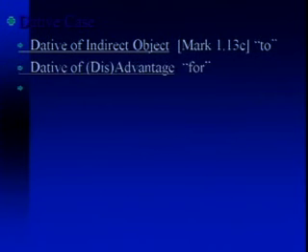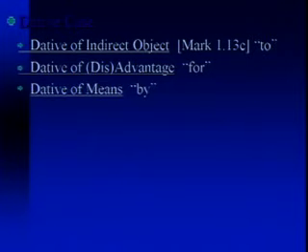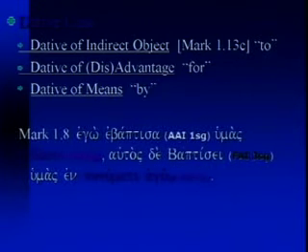The dative case is pretty straightforward. We're going to find out different ways that the dative case can at least project ideas and concepts. But here's the easiest way to pull it into view. Whenever you come across a dative case with a Greek noun, think of it in terms of a 2x4. Yeah, like a chunk of wood, a 2x4. But here, focusing on the way to translate it, either with a to, a by, or a for.